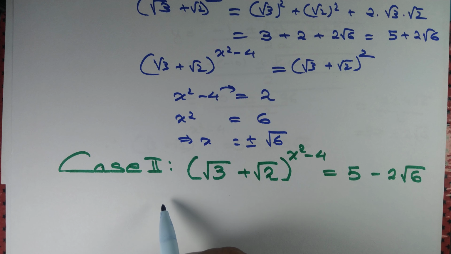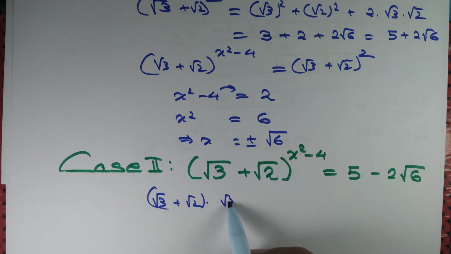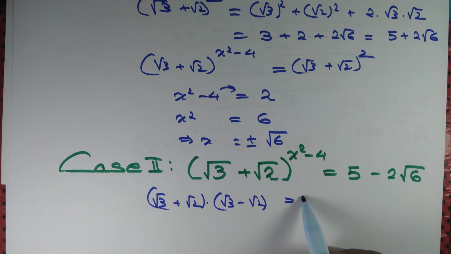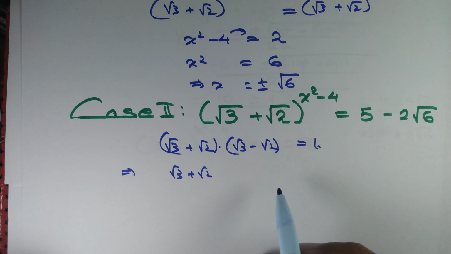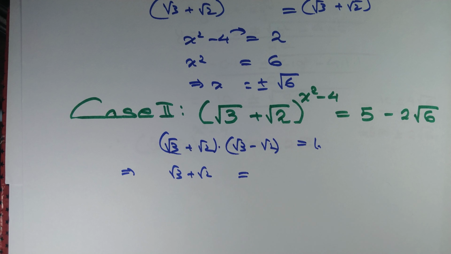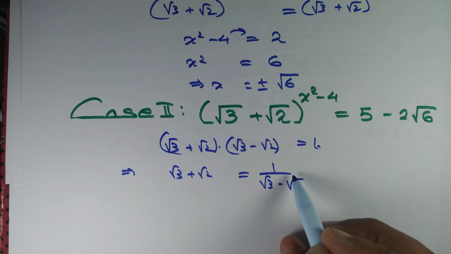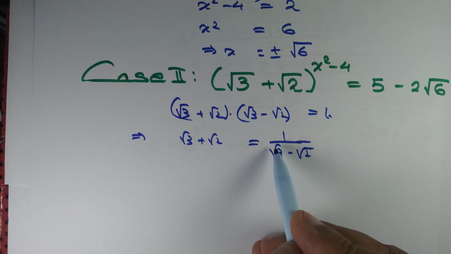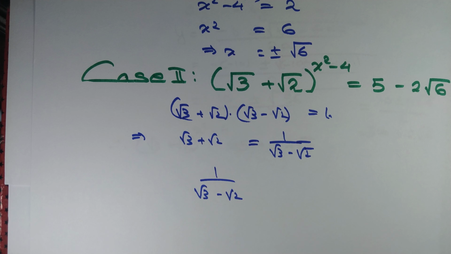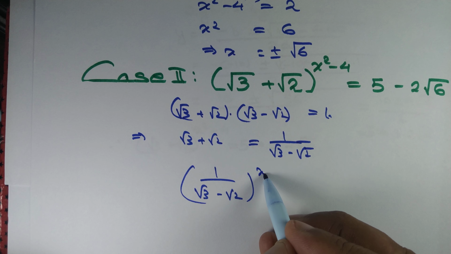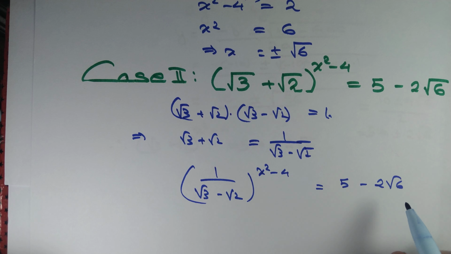But as we have observed initially that (root 3 plus root 2) into (root 3 minus root 2) equal to 1, so root 3 plus root 2 equal to 1 by root 3 minus root 2. Yes. So we can replace this value here and we get (1 by root 3 minus root 2) to the power x square minus 4 equal to 5 minus 2 root 6.